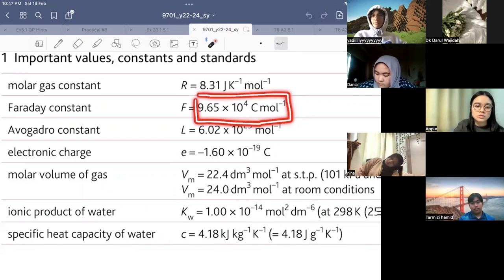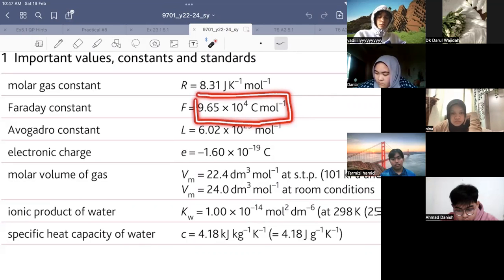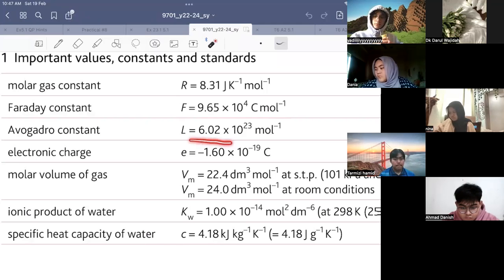But for your syllabus, the Faraday's constant is stated as 96500, or 9.65 times 10 to the power of 4 coulombs per mole. Now, how do I get the units? F equals LE, correct? L is your Avogadro's number, which has a unit of mole to the power of minus 1. E is the charge of your electron.